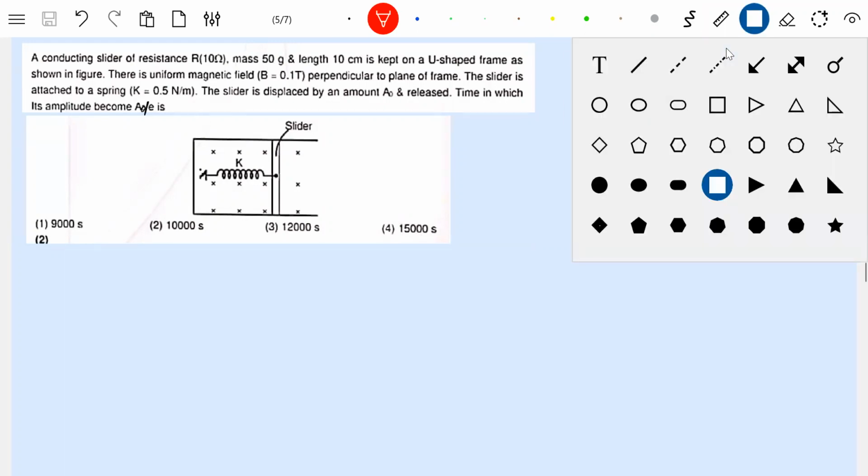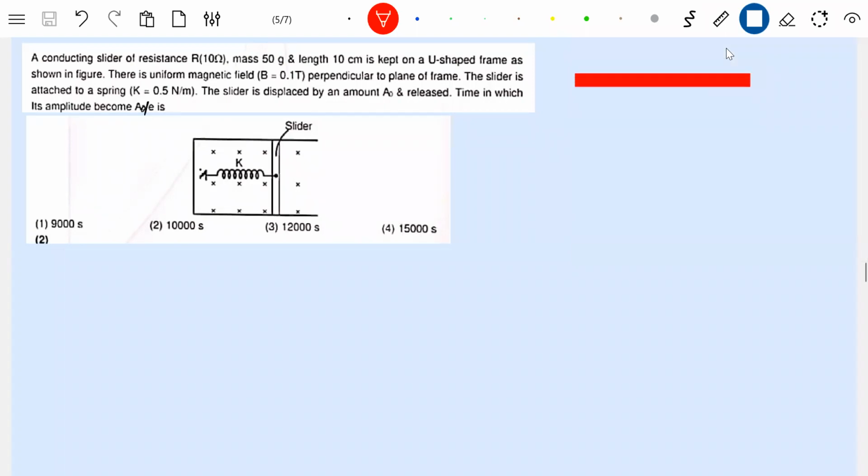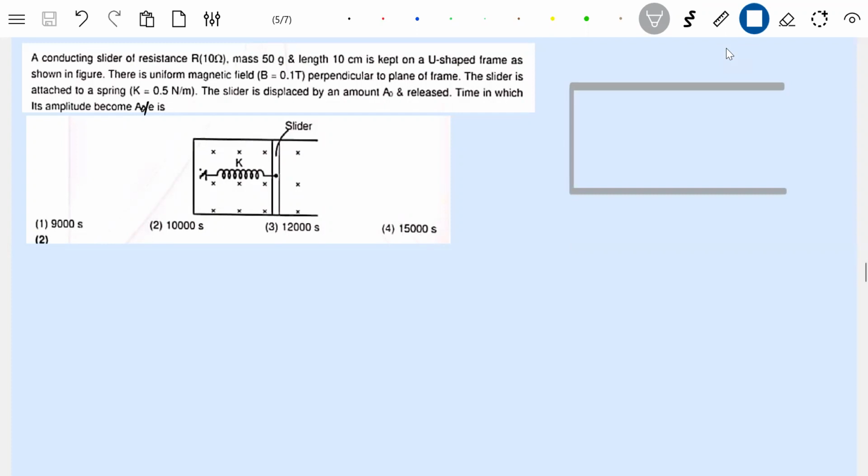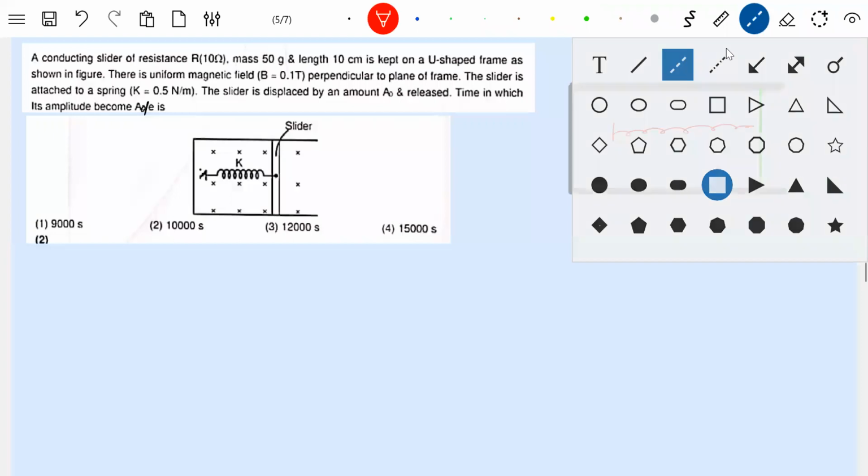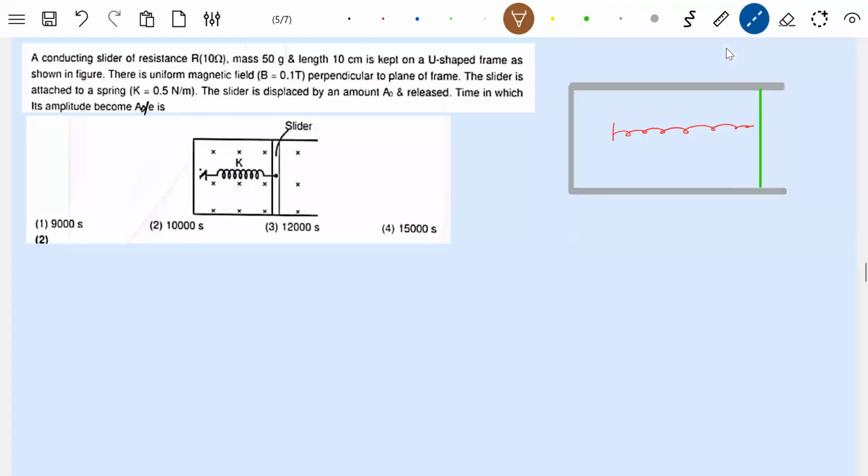Every time I have to draw a diagram. Yes, I'll get into it. There's a rod. Now there's a spring. It is being displaced. There's an equilibrium position.